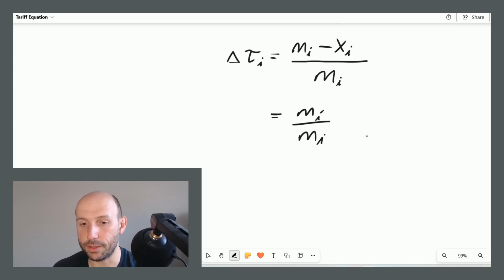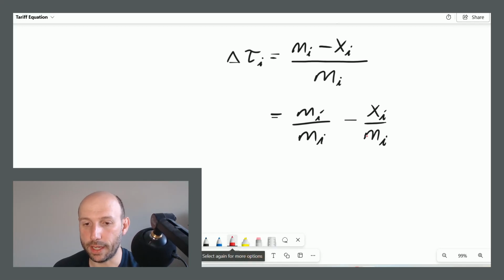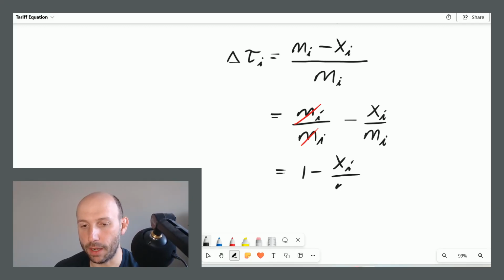Another way we can write this equation, which might be easier to think about, is we break it up into two separate fractions. And then we see that the mi's cancel out here, and we just get 1 minus xi over mi. This might be easier to look at because mi appears only once.